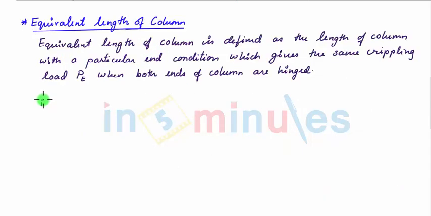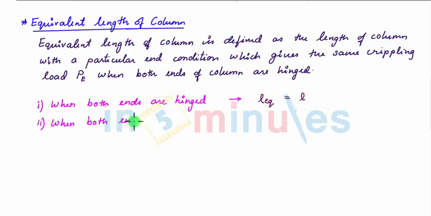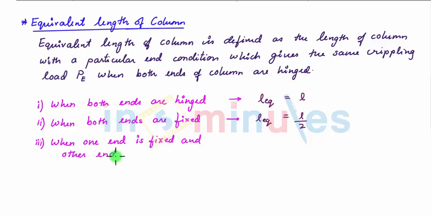So first, when both ends of the column are hinged, the equivalent length L EQ is the same as L. For the second condition, when both ends of the column are fixed, the equivalent length is equal to L by 2. Third, when one end of the column is fixed and the other end hinged, L equivalent is L by root 2.